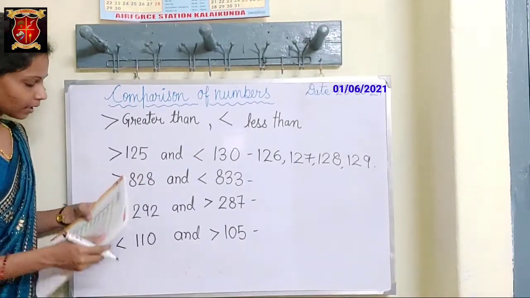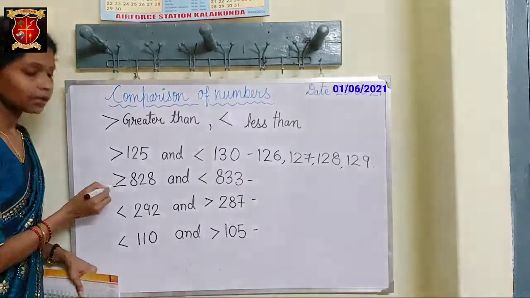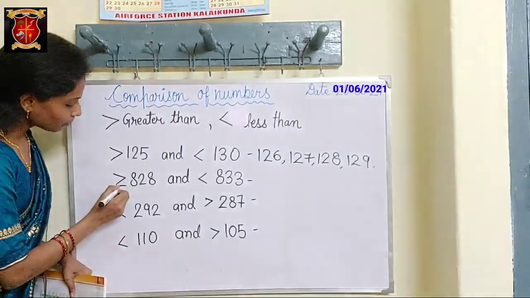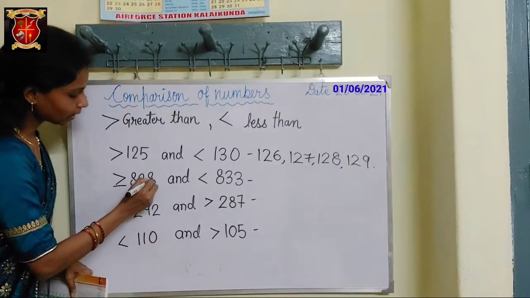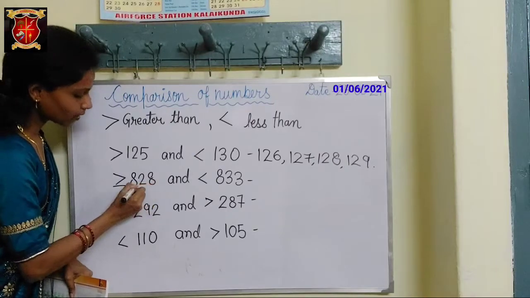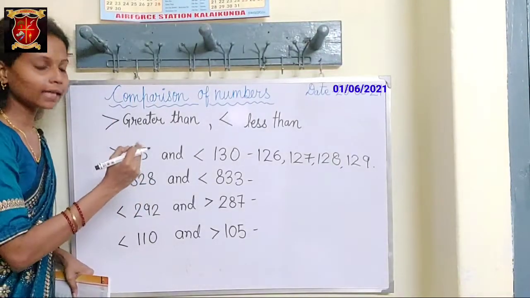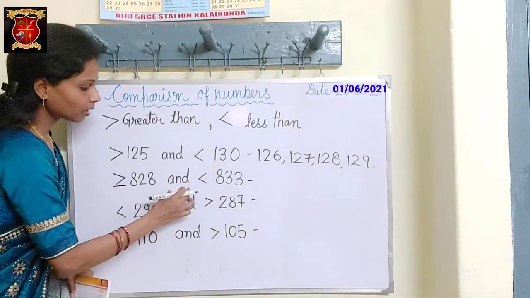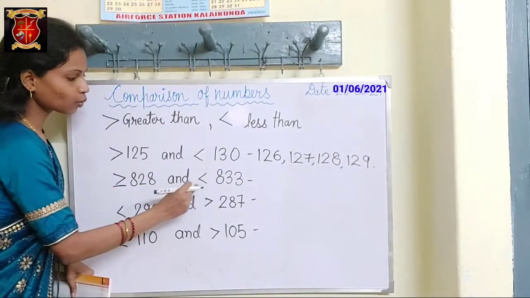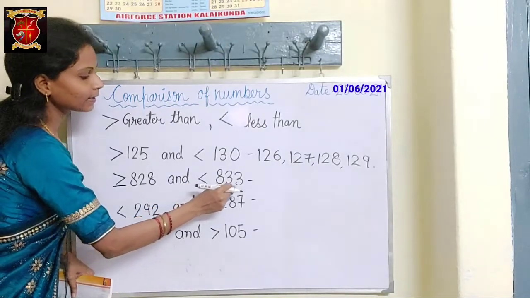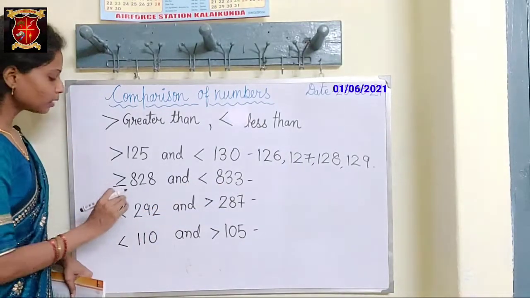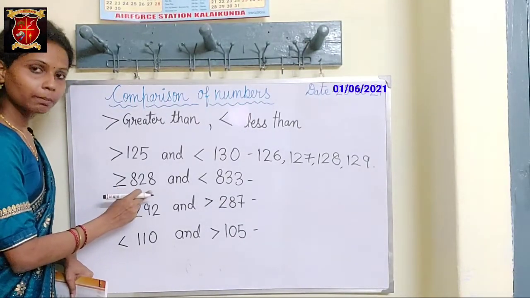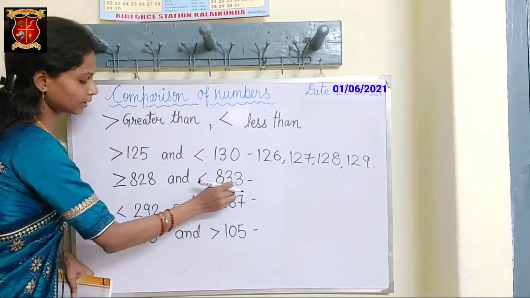Let's do the next one. This symbol is greater than, so we will read it as greater than. The number greater than 828 means we have to write the numbers which are bigger than 828, but we also have to write the numbers which are less than 833.